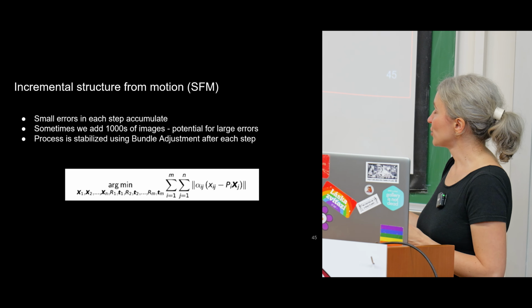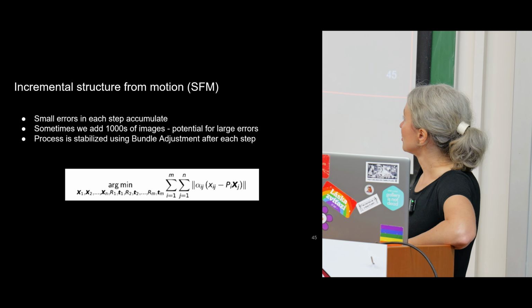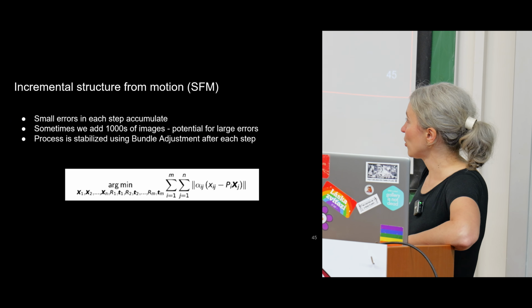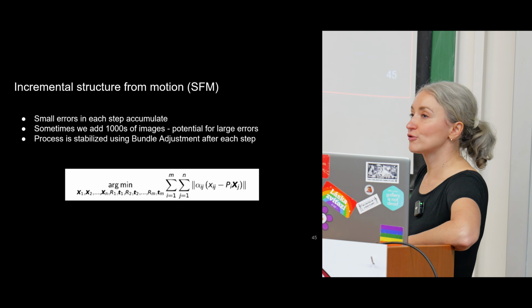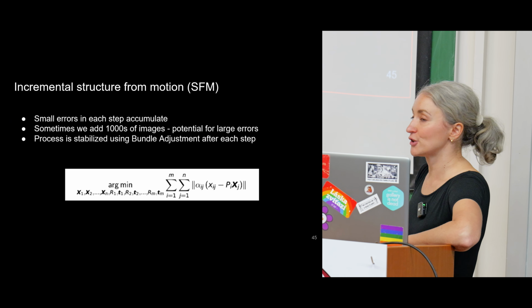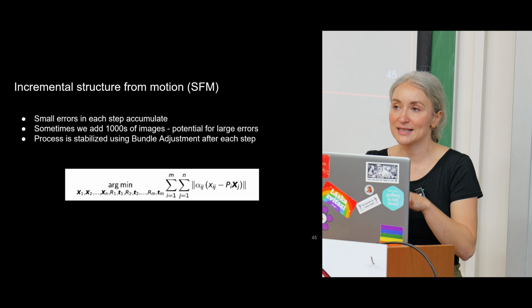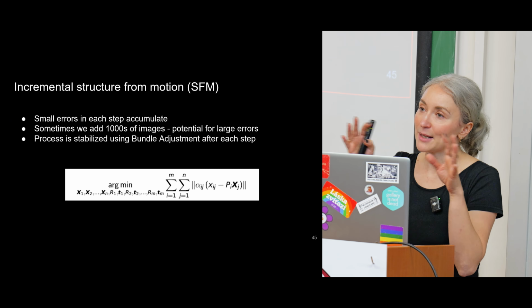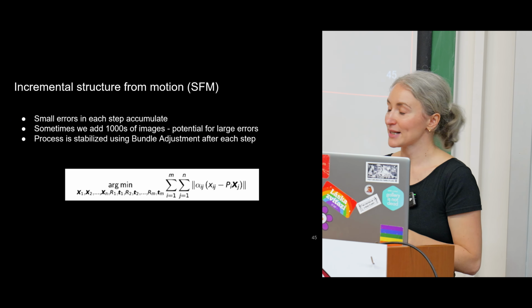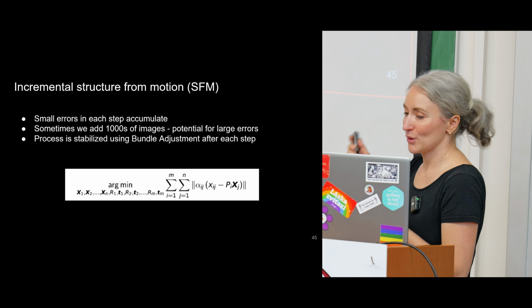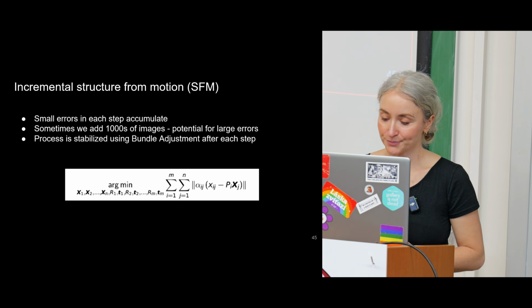And we want to jointly refine the 3D positions of all of the points, and at the same time all of the poses of the cameras, so rotation and translation for all of the cameras. So this is bundle adjustment. It is done to really stabilize the whole process of incrementally adding the cameras. And you just need to know it's some minimization of this reprojection error.